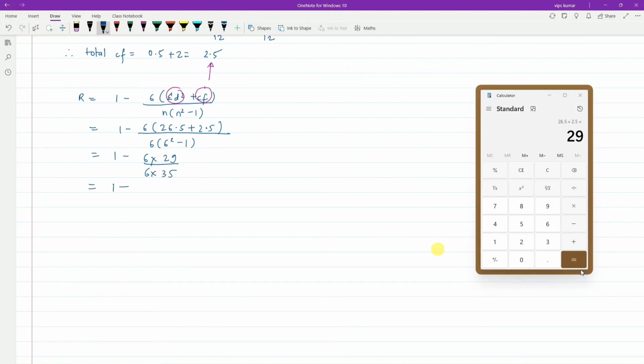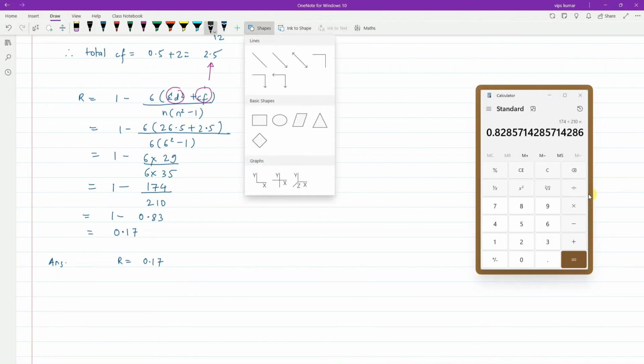So that's 1 minus 174 over 6 times 35, which is 210. Rounding off to 2 decimals, this is 0.83, and after the subtraction we are going to get 0.17. You can state your final answer as: the coefficient of rank correlation given by Spearman's formula is 0.17.